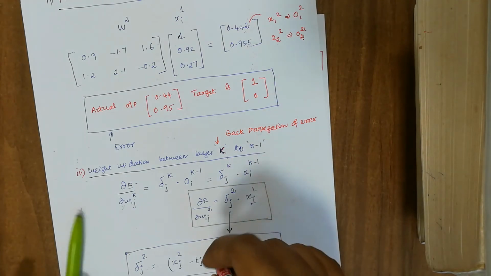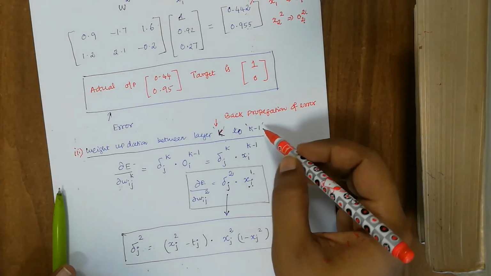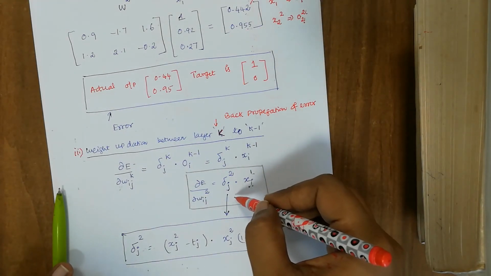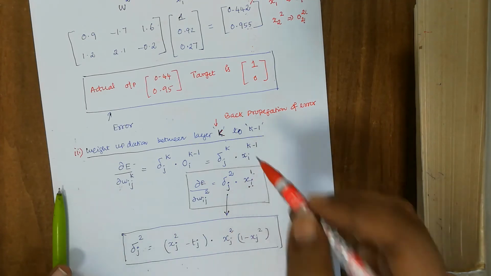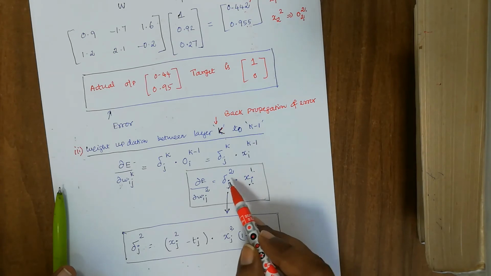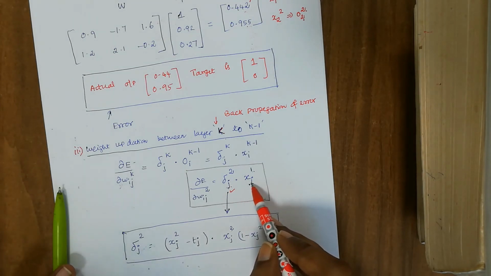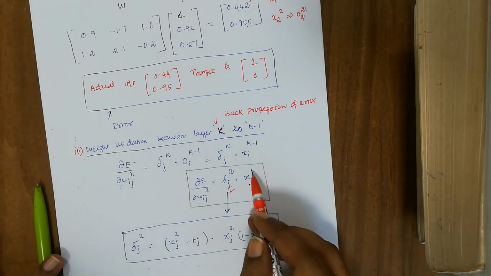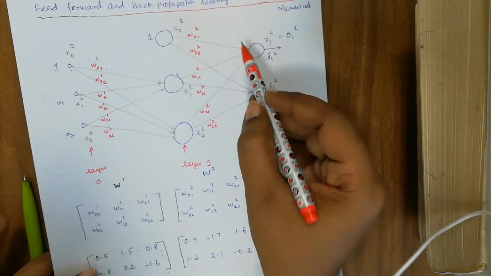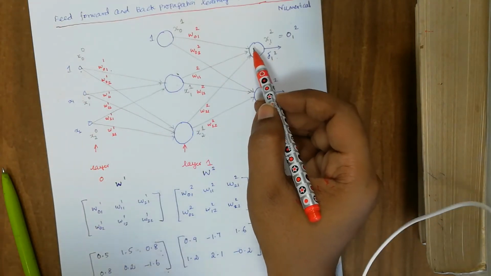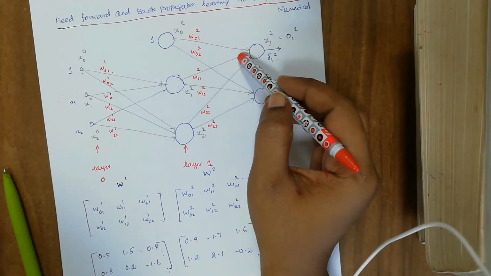We have seen the derivation of the weight updation rule for back propagation learning. The weight updation rule from the output to the previous or hidden layer is of this form. Now we have found this value, and it should be multiplied by the xi1, the previous layer value. So we have to calculate the previous values one by one.